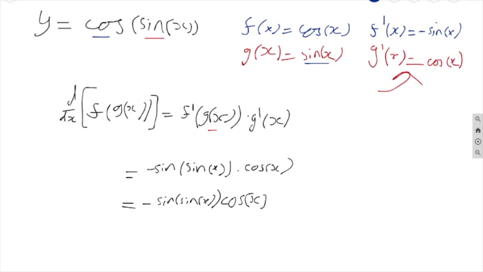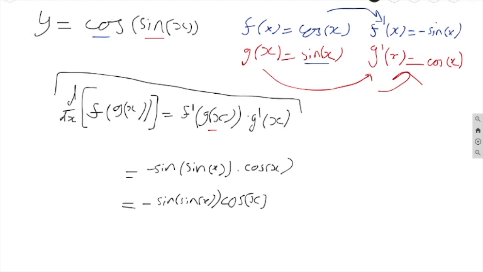We find f, we find f prime. We find g, we find g prime. We then go to our definition, over by here. If you don't have that memorized, that's absolutely fine. You may be able to find it in textbooks, or you may be given it in an exam. But if it's not given, it's a relatively simple thing.